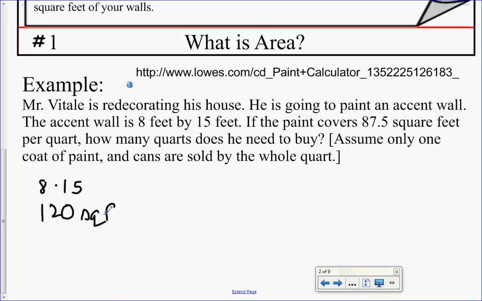Okay, so if 87.5 square feet is for 1 quart, how can we figure out how many quarts we need? If you said divide, you're right. 120 square feet, how many quarts do we need?